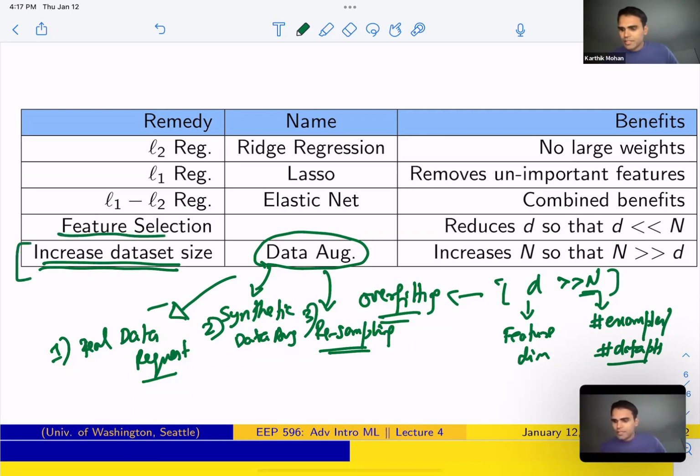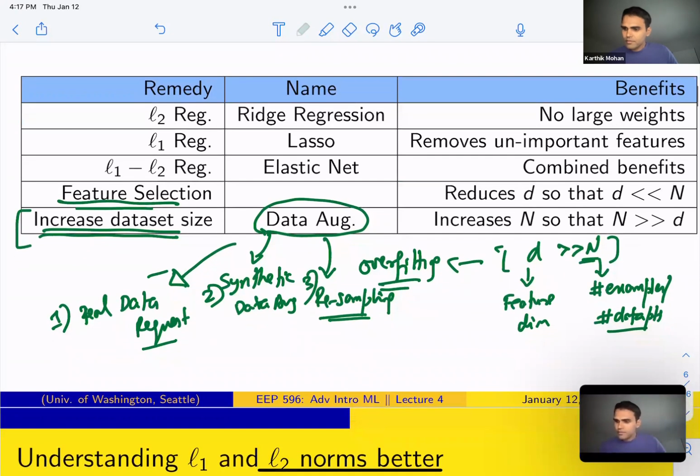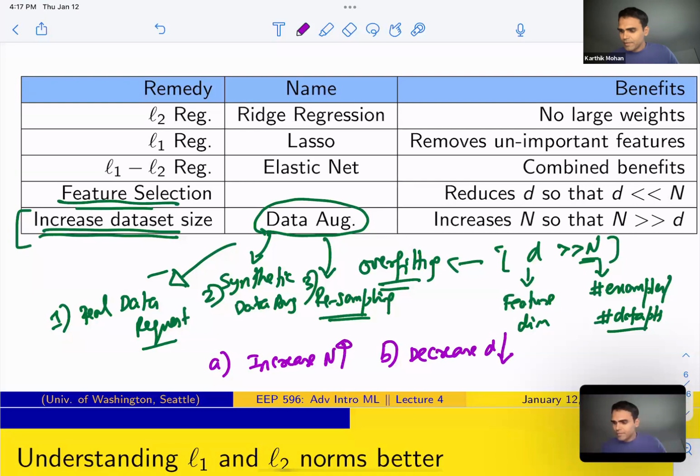And then we can do feature selection. You say, why are we using so many features? So you can either increase n, this is one strategy, or decrease d, this is the other strategy, or you can do both. Decrease d is what you're looking at in feature selection.